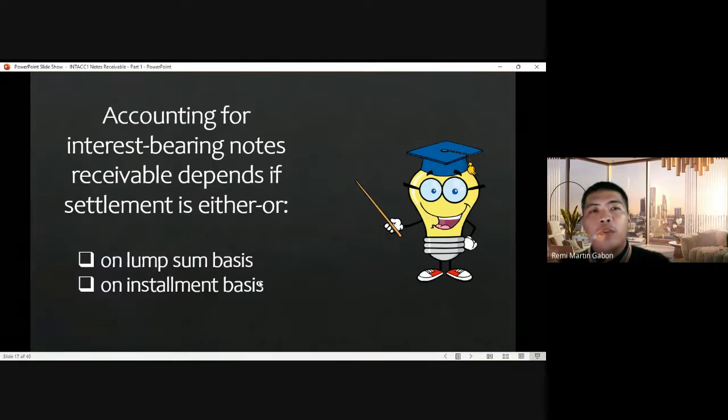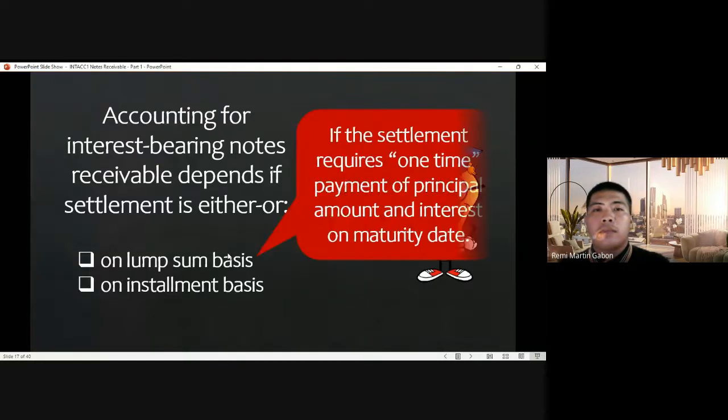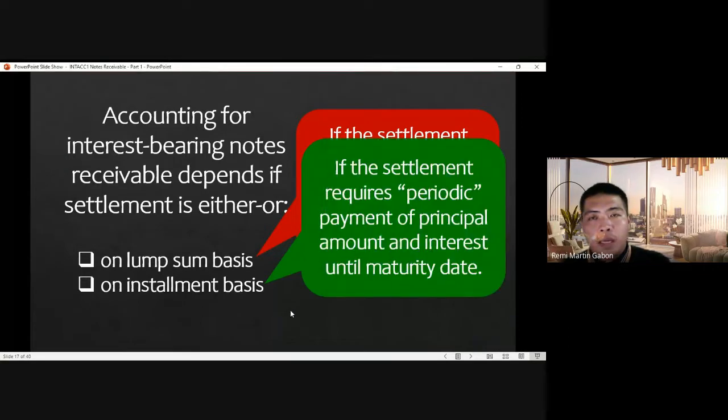So accounting for interest-bearing notes receivable depends if the settlement is either on lump sum basis or installment basis. When we say lump sum basis, we are referring to one-time payment. Or on the part of the recipient, one-time collection. Okay? One-time collection. For installment basis, we have it periodic.